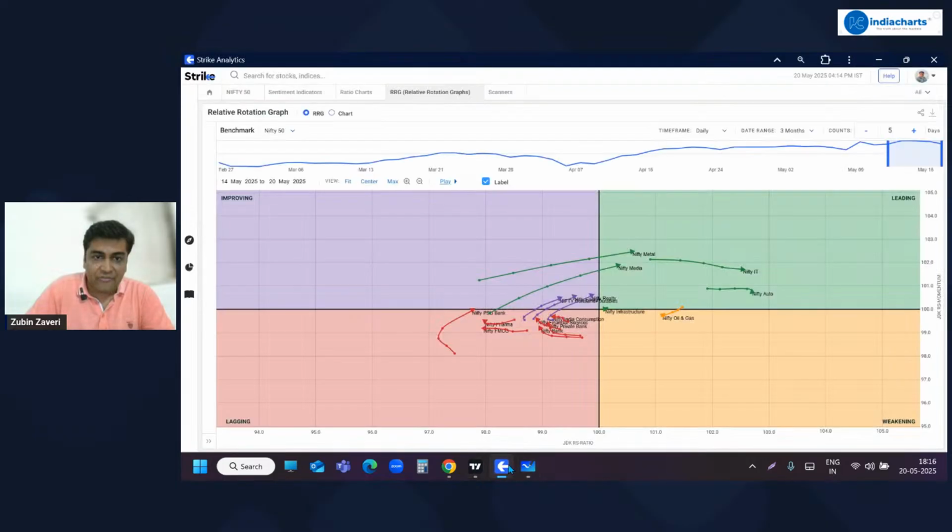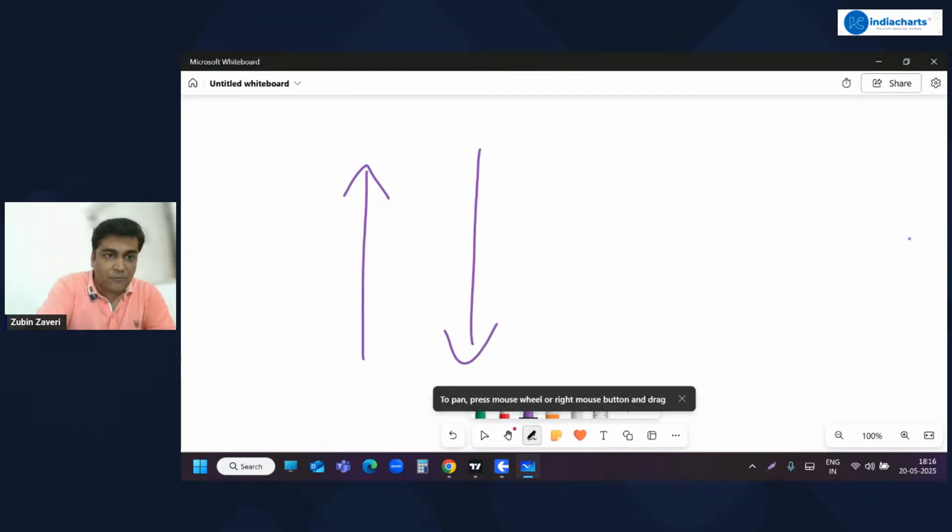What do we have on the y axis? We have JDK RS momentum. If the arrow is sloping upwards, it means the momentum is positive and increasing. The rate of change of its strength relative to the benchmark is increasing, is what this upward arrow suggests. And if the arrow is facing downwards, it means the momentum, the rate of change of the strength of that particular sector compared to the benchmark, is decreasing.